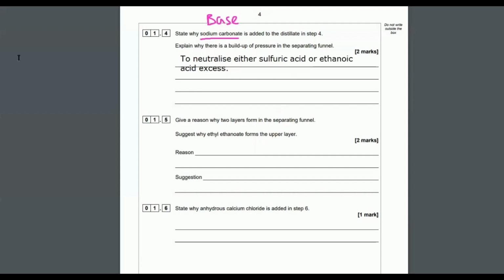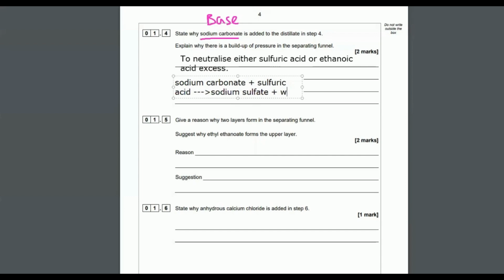Think about carbonates. So you should all know, for example, if I have sodium carbonate plus sulfuric acid, I could have written ethanoic acid here. Then what are we going to make? We're going to make sodium sulfate.